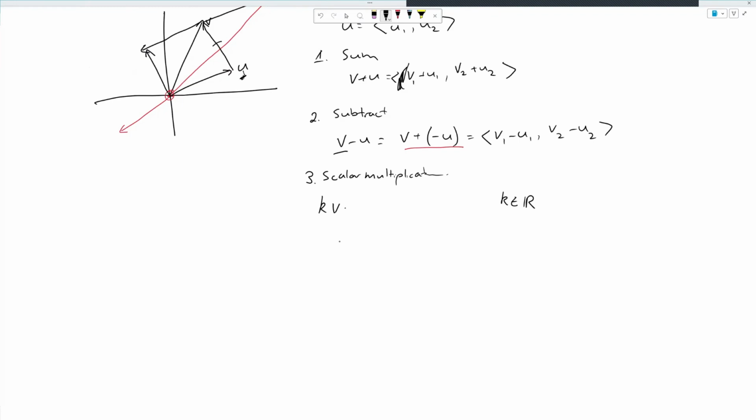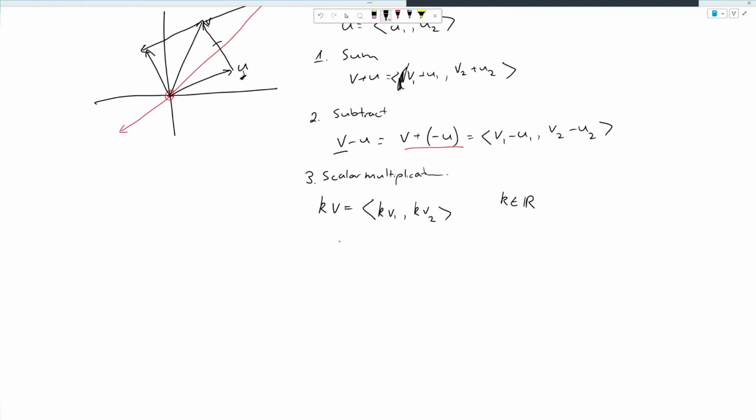If we know what the V vector is, V1, V2, then kV is equal to the k value times V1, and then the k value times V2.